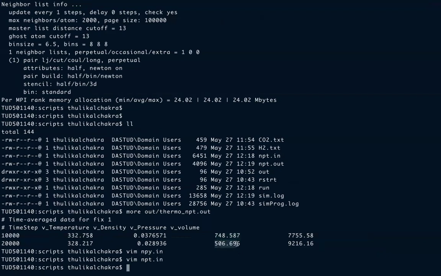But in the second instance, you see that it's already getting better. It's close to 506.696. So it's getting way better. And finally, this is the box volume, in terms of angstrom cube.